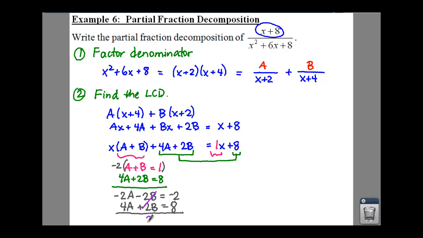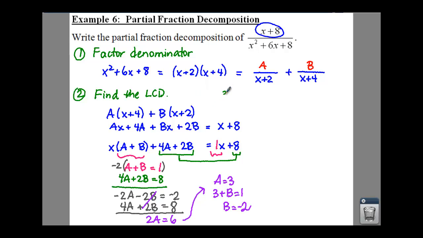That's going to give you a 2a is equal to 6, which means a is equal to 3. So we know what goes above this fraction up here now. In order to figure out where your b is, well, we know that a plus b is equal to 1. So if we say 3 plus b is equal to 1, that means b then will be equal to -2, which is going to go up here.